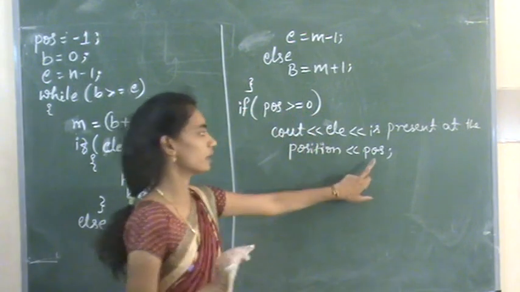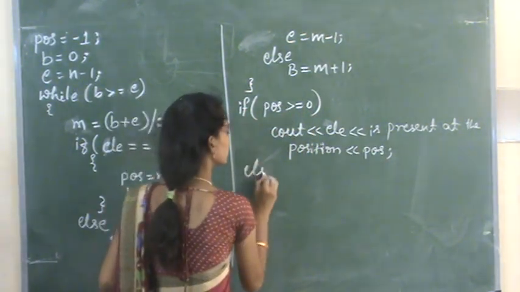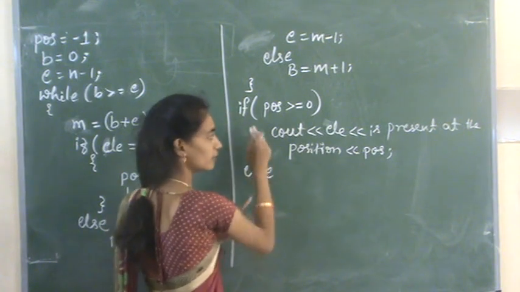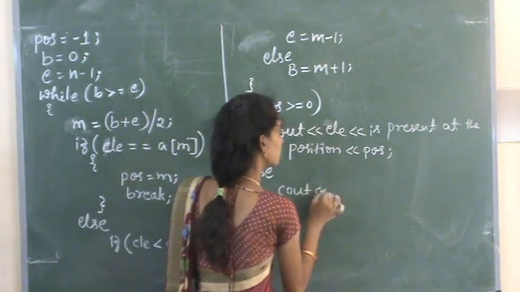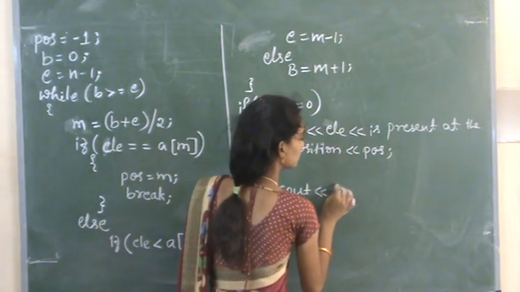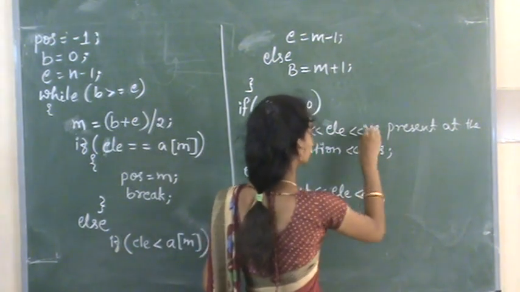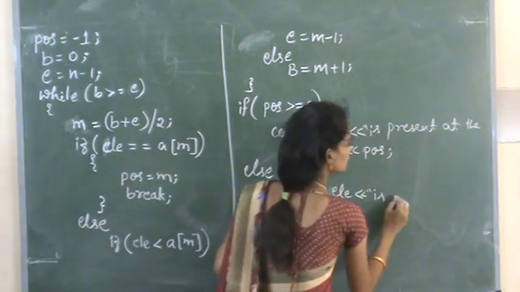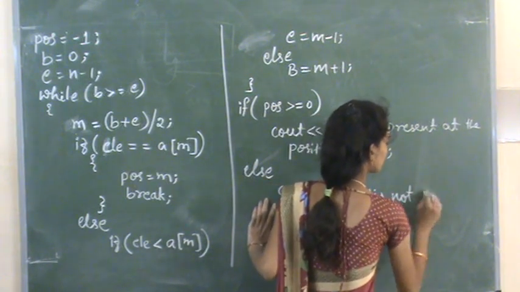So it is located at the position POS. Suppose this condition becomes false, we go for the else part. In the else part, we print that the element is not found or not present.